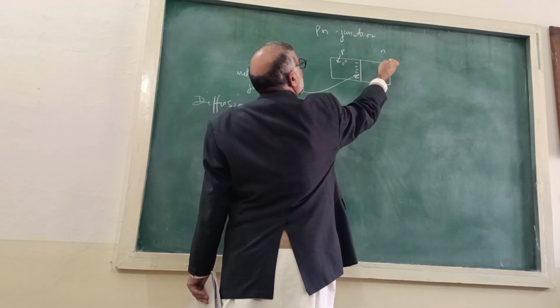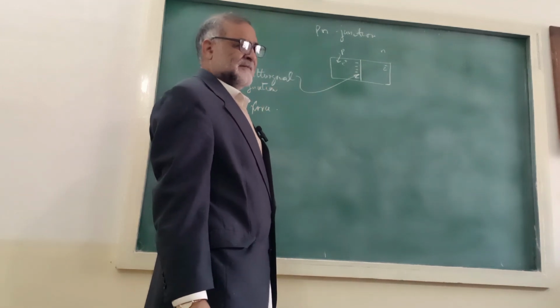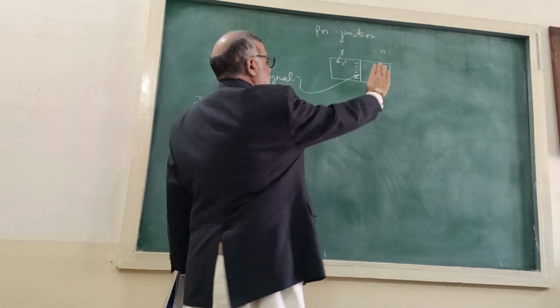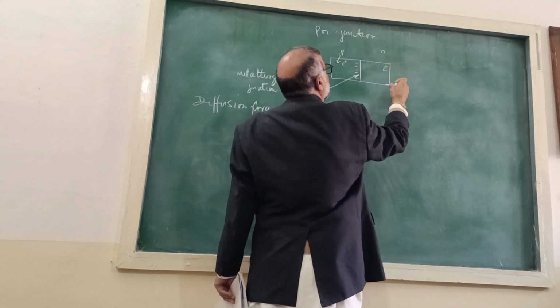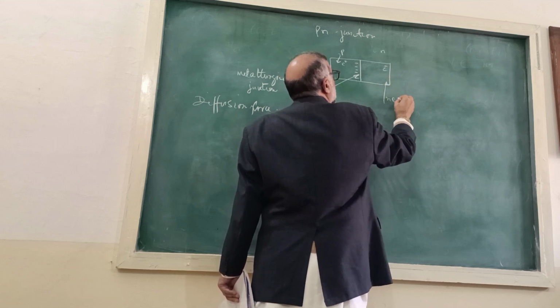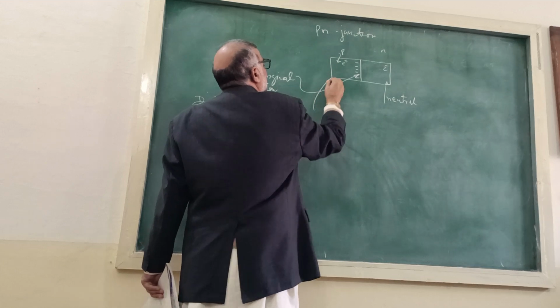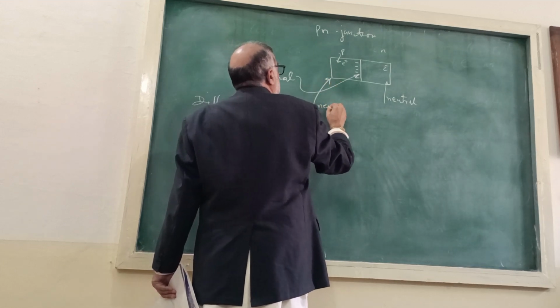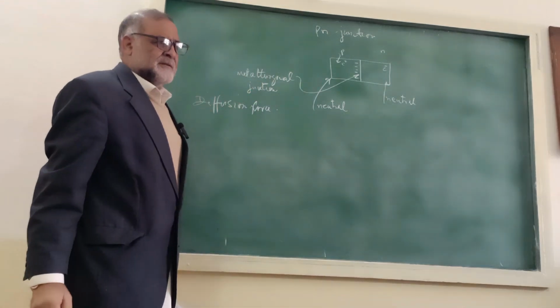Because of these electrons coming and sitting on the hole side, this side becomes negative. Before that, this side is neutral. It does not mean that it is negatively charged. They are neutral in charge, not charged.